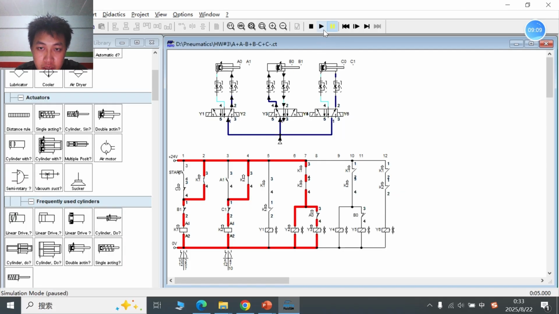You can see if this one is fully extended, the circuit will be like this, because the B1 switch is off, so the K1 switch is open, so it will just be like this. So Y4 works.